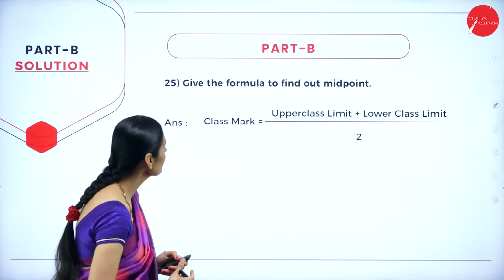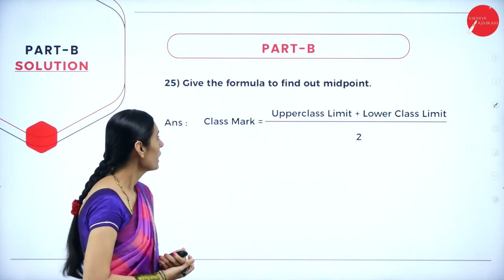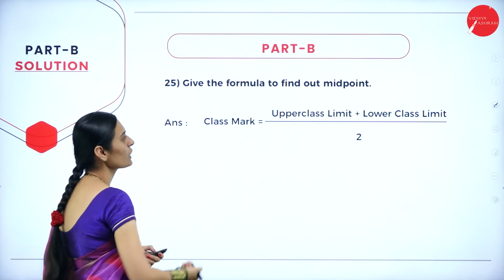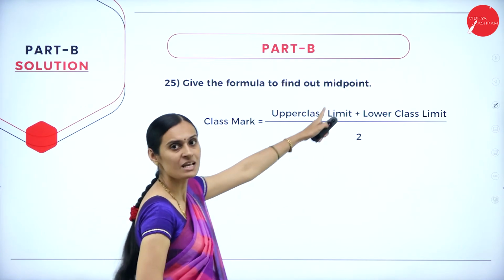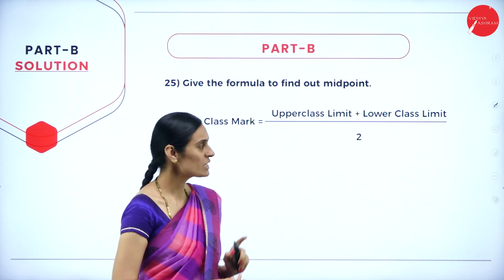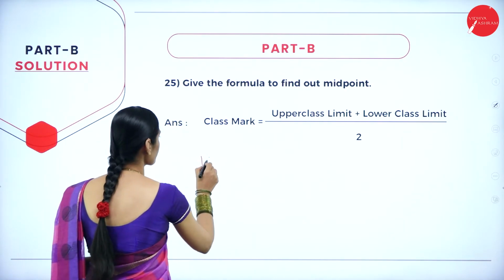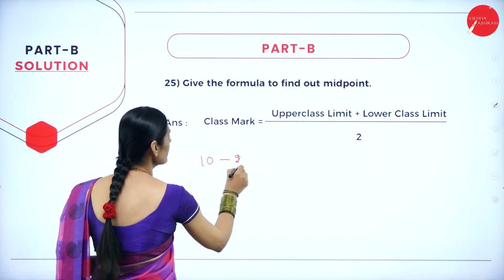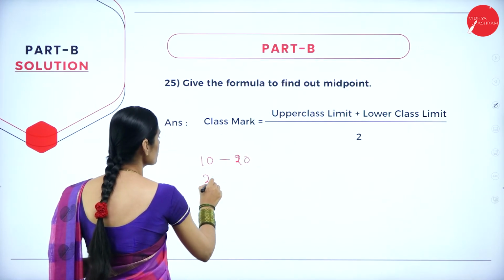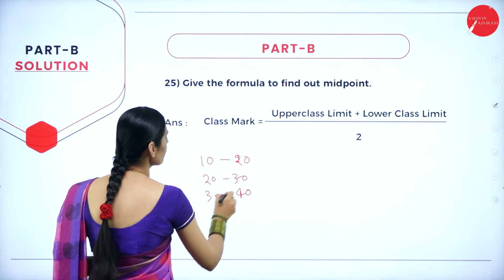Okay. And next one, what is the formula to find the midpoint? Class mark equals upper class limit plus lower class limit divided by 2. So this is the midpoint. You can take 10 to 20, then 20 to 30, then 30 to 40 as class intervals.